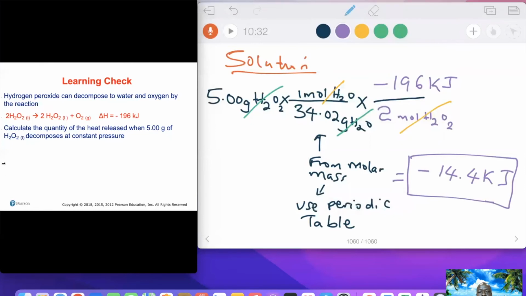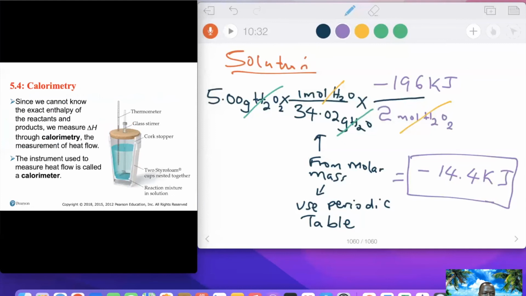So this is how you use the thermochemical equation to calculate the amount of heat energy given off for an exothermic reaction. It could be an endothermic reaction if it is positive, but nevertheless, you use the same approach.